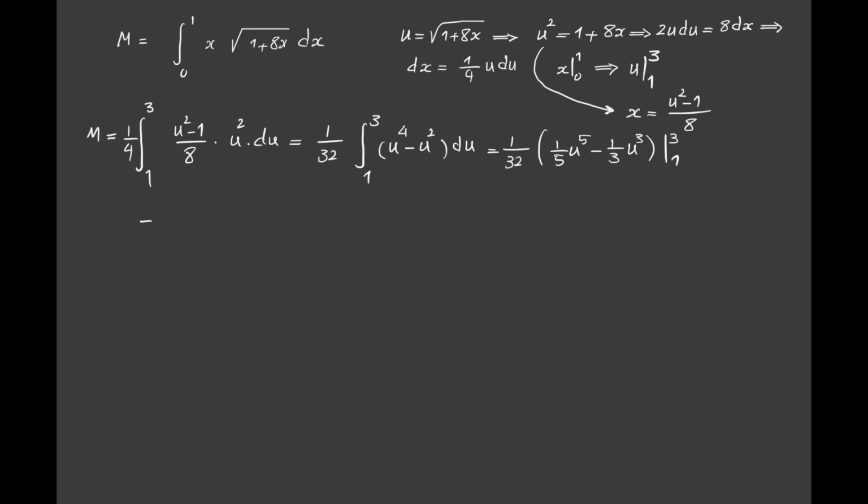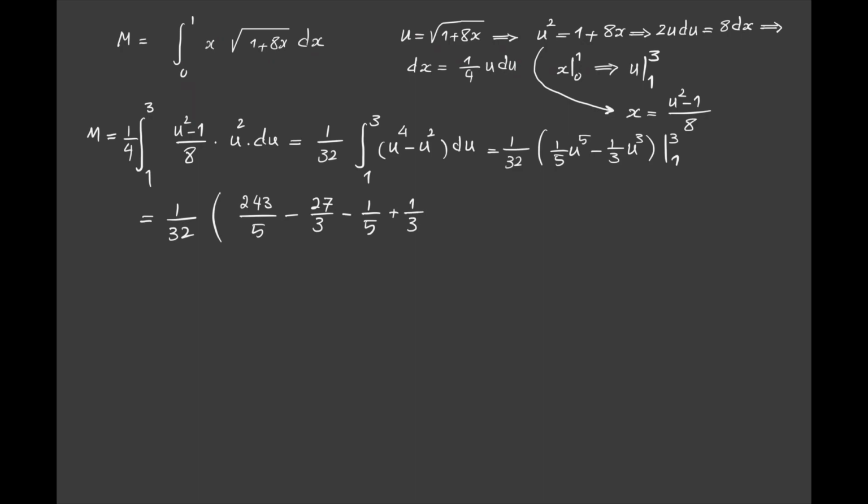So I put 3 there. So this becomes 1 over 32. If I put 3 there, what happens? It becomes 243, 3 to power 5, divided by 5, minus 3 to power 3, which is 27 over 3. And then I put 1, so it becomes minus 1 over 5 plus 1 over 3.